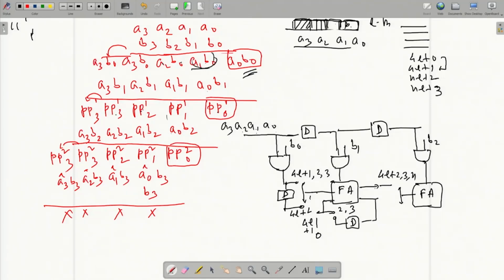So, I have got A0 dot B2, and adding with this result, that is at 4L plus 2, gives a new result, new carry. This is the carry input. Again the initial carry is 0 here, and this addition you start at 4L plus 2.